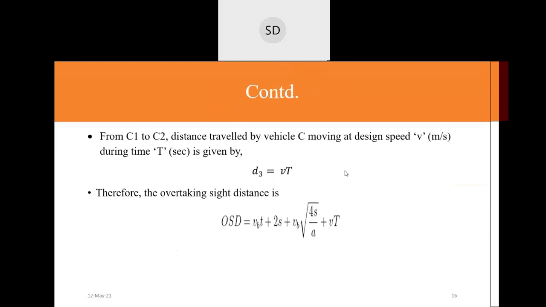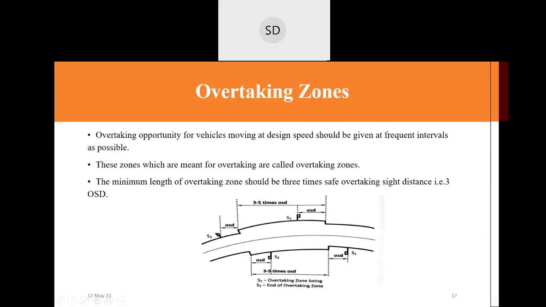Now another important thing is the overtaking zone. What is an overtaking zone? On a highway, it is not possible to provide adequate overtaking side distance at each and every location. In such cases, it is recommended to provide some overtaking zones, or some allocated positions where vehicles can overtake, where the overtaking operation can take place.